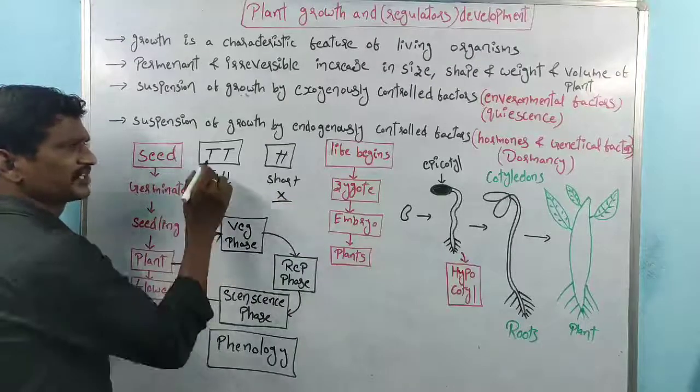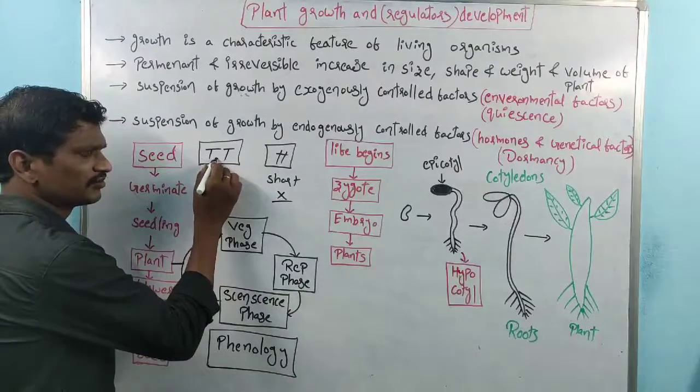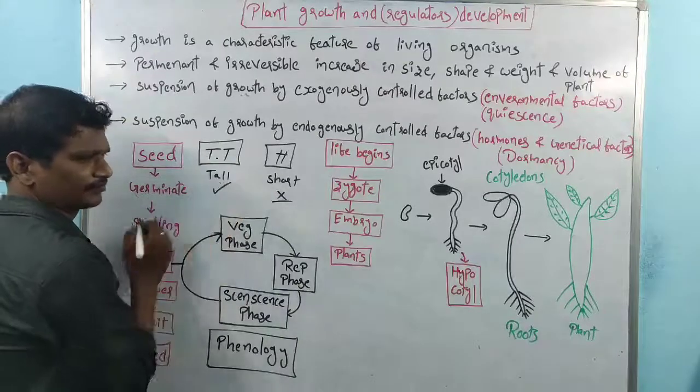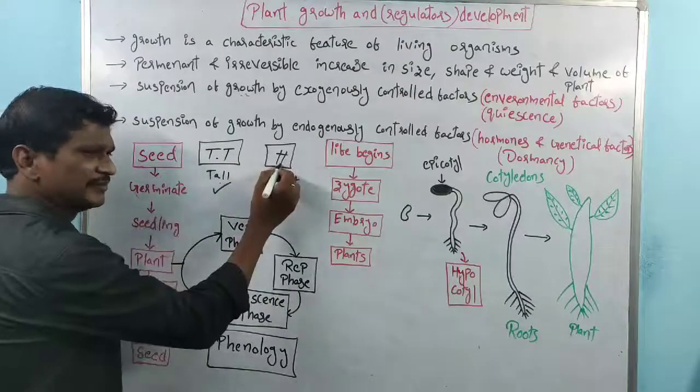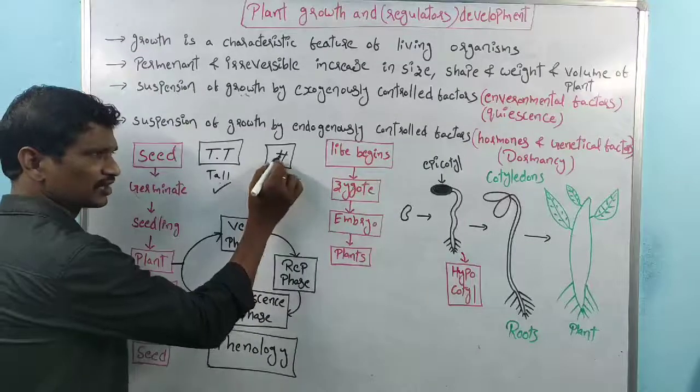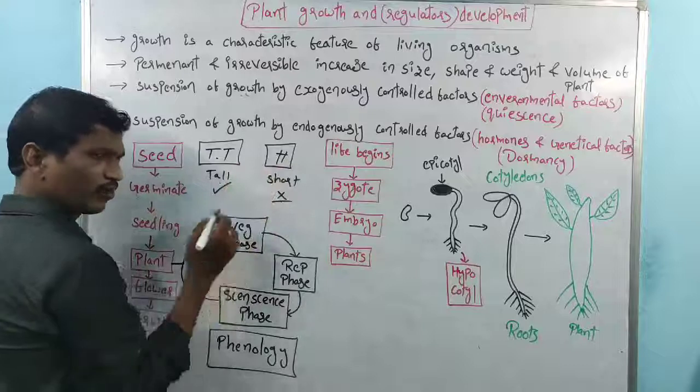Simply I will say these genes are responsible to grow the plant tall, and these genes inhibit the growth of the plant. These genes do not show proper growth.